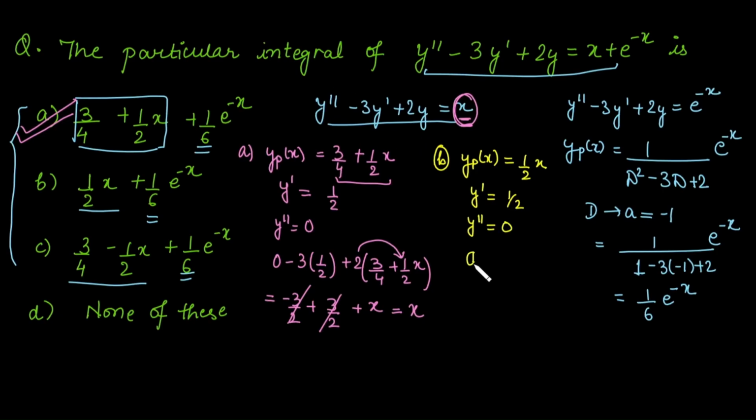So this is 0 minus 3 times of 1 by 2 plus twice of y, that is 1 by 2 into x. So this is equal to minus 3 by 2 plus x. So this is not only equal to x, we have some additional term over here. It means clearly this is not the particular integral corresponding to the x factor. Same you can check for this one, you will not get x in this case. Clearly we are getting the answer in this case as A.